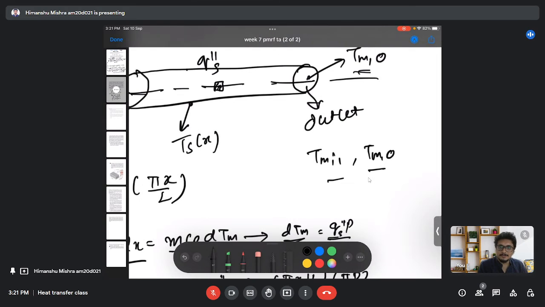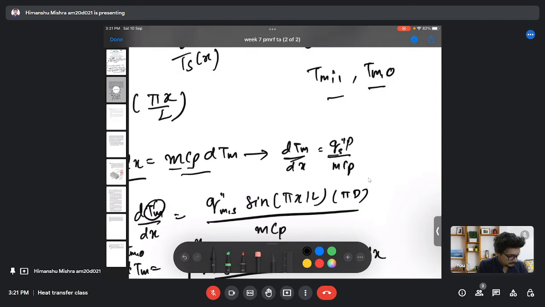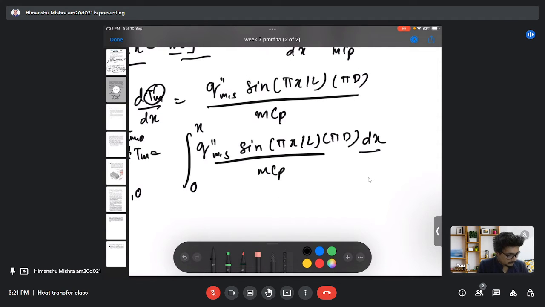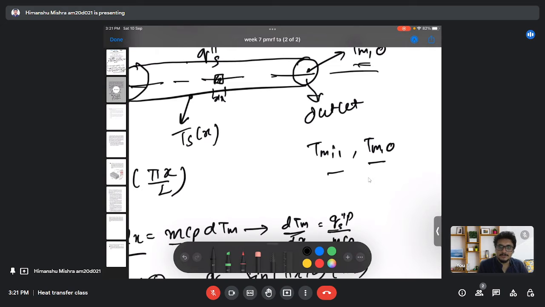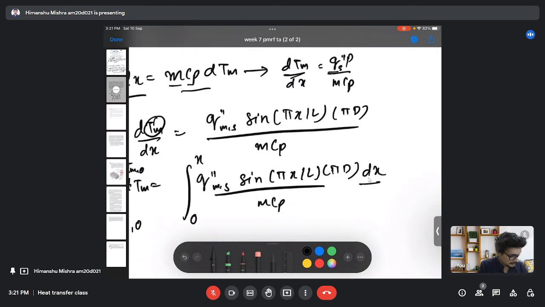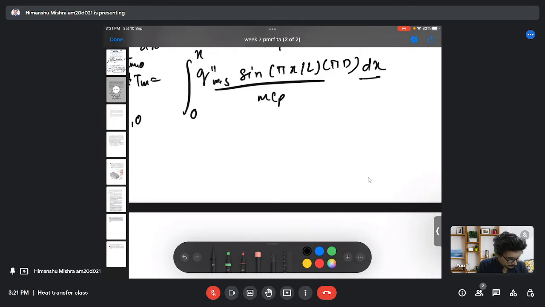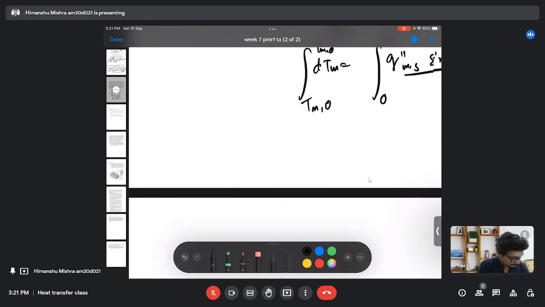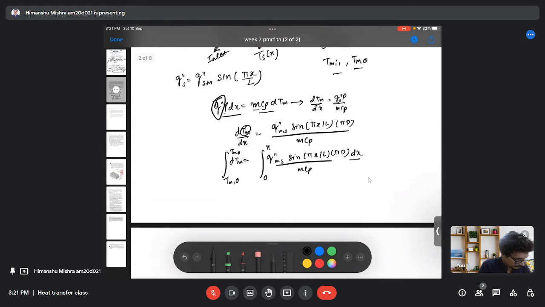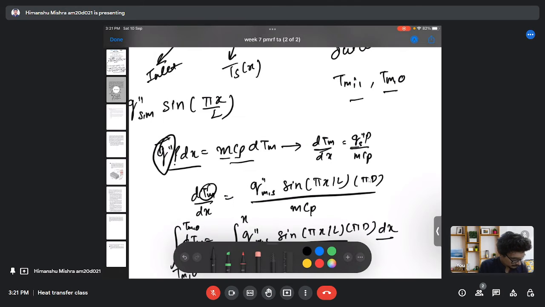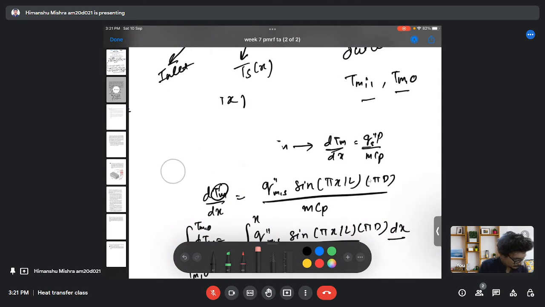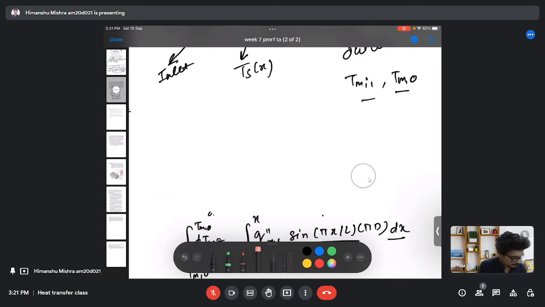As I said, I have considered a small element having the length of dx. So I will be integrating from 0 to x on the right hand side.